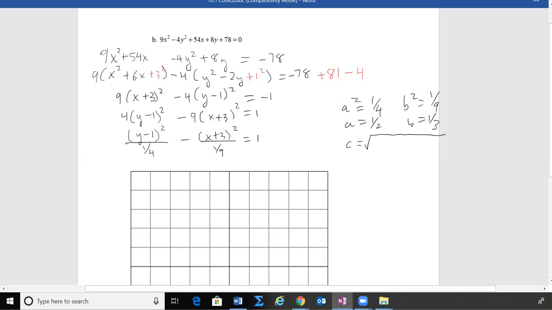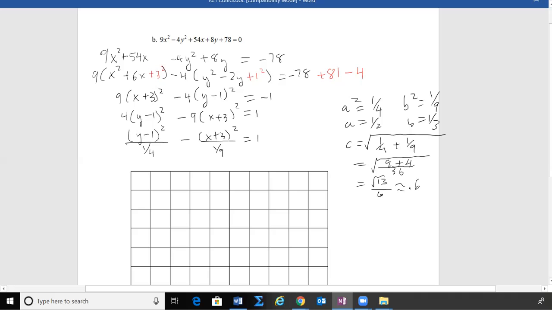It's the square root of 1/4 plus 1/9, which is what? 36, 9 and 4, 13 over 6. Okay, so that's going to be about, it's not very large. It's 0.6.